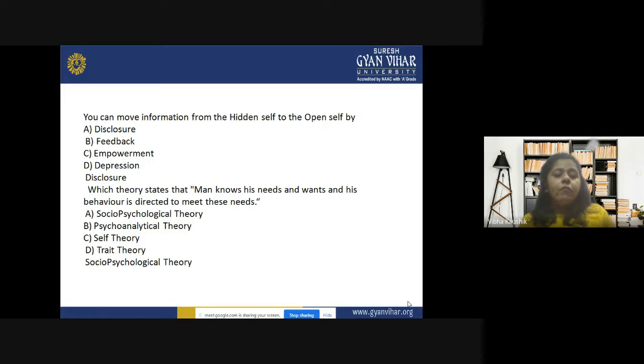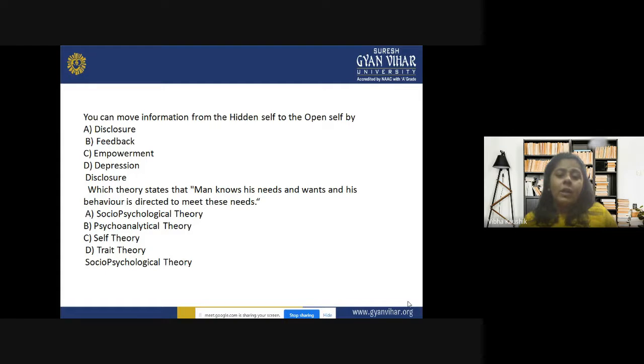Now the next one, which theory states that man knows his needs, means a person knows what his particular needs and wants are, and his behavior is directed to meet these needs and wants.